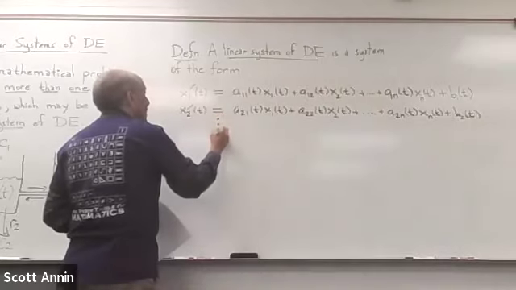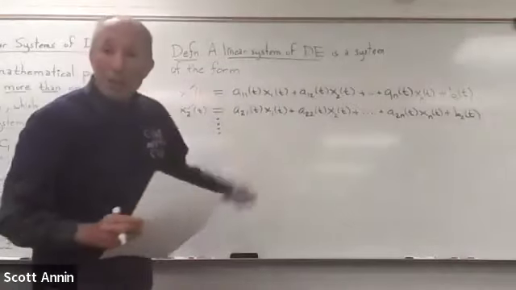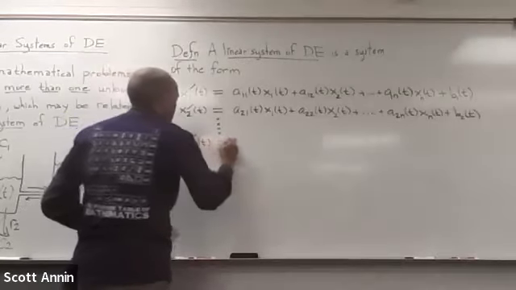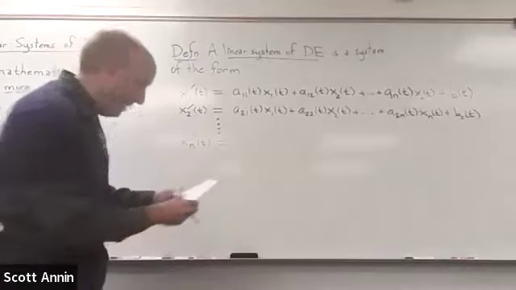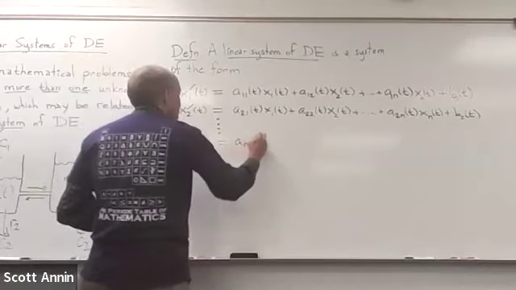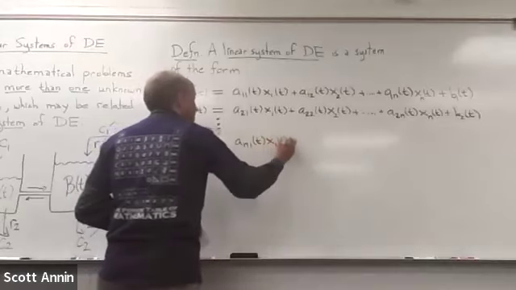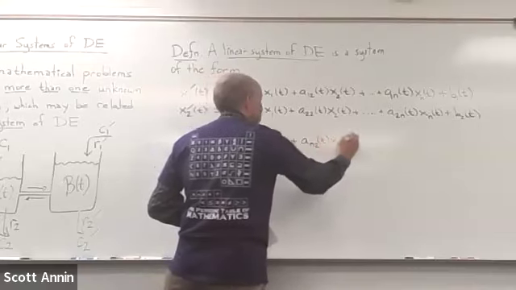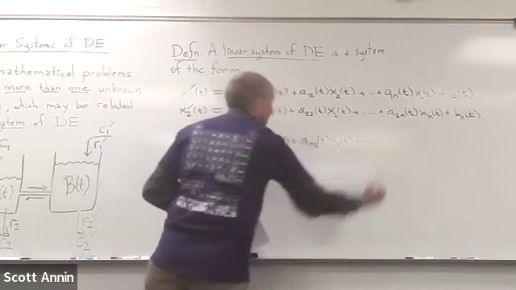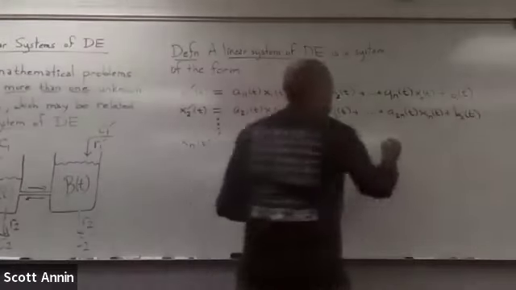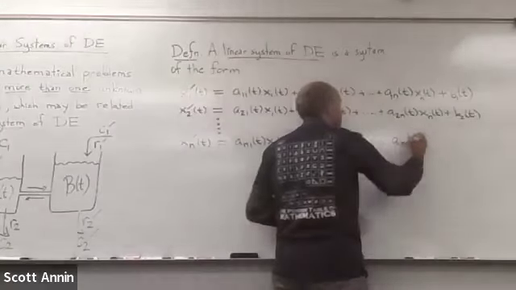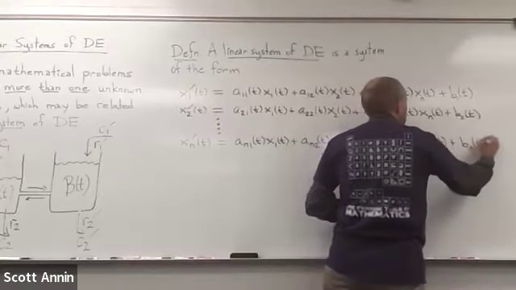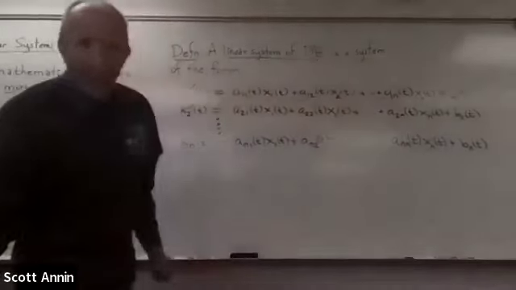Okay, and so we're going to keep going like that. And eventually we'll get to the last of the unknown functions, which would be xn. And I'm going to write the derivative of xn as an1 of t times x1 of t plus an2 of t times x2 of t, and we add dot, dot, dots to that, and we eventually get to the last one over here, ann of t times xn of t plus bn of t.